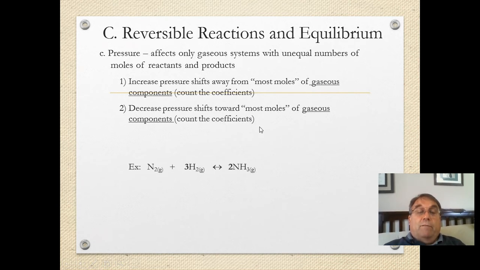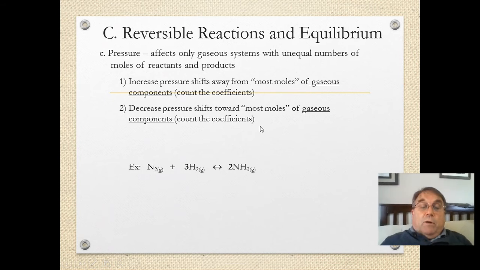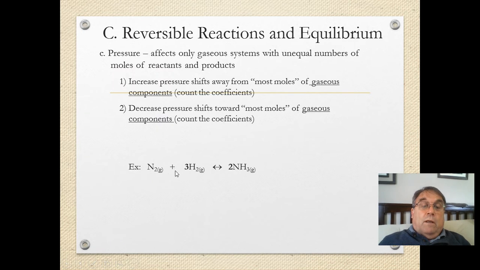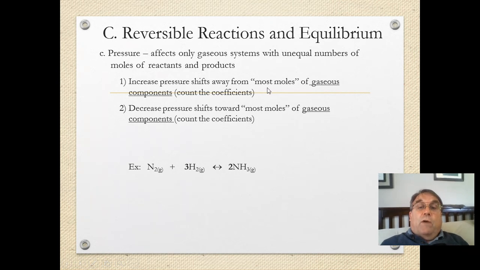Okay, so here we have a very important chemical reaction, the production of ammonia. If we look at the number of gases, there's 1 plus 3 is 4 moles of gases of reactants, and 2 moles of gaseous products. So if we increase the pressure, it shifts away from the most moles.